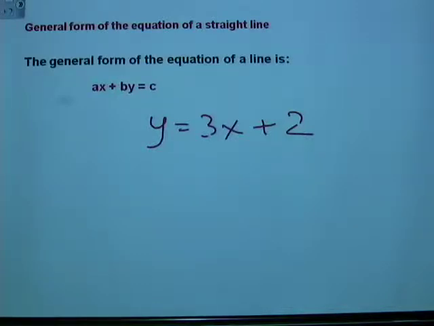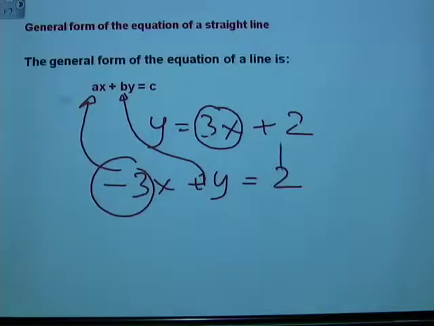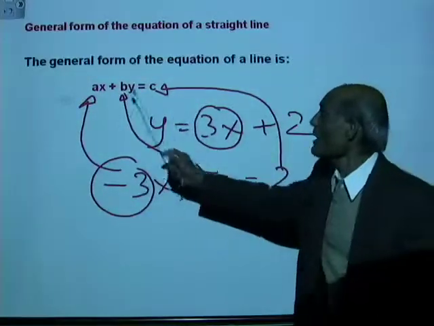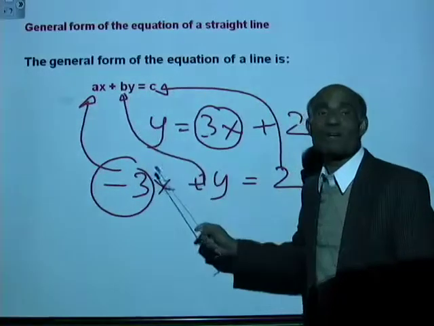Now, if you take that 3x to the left side and write it like this, -3x plus y equal to 2, this becomes the general form where -3 is your A, 1y is your B, and 2 is your C. You see? That means all the forms of the equation that we have been talking about so far can be written in the form ax plus by equal to c.